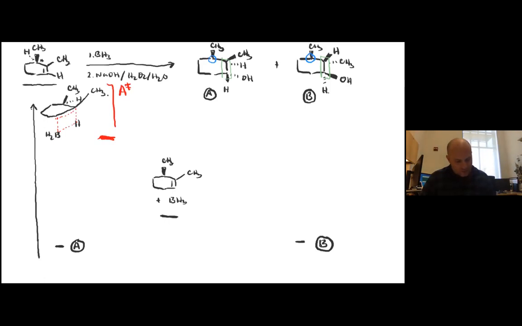And then the transition state to get to B is similar, except the borane's on the top. So I'll draw that over here. And you've basically got something that looks like this.